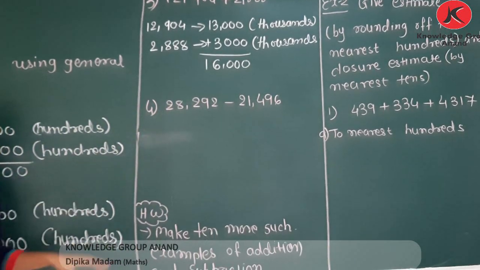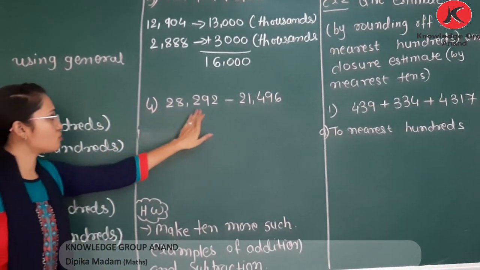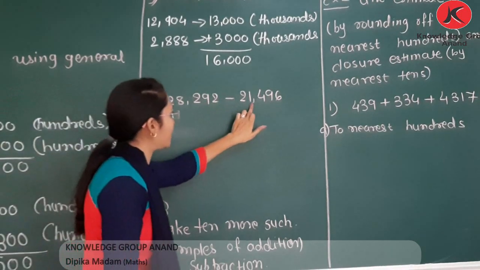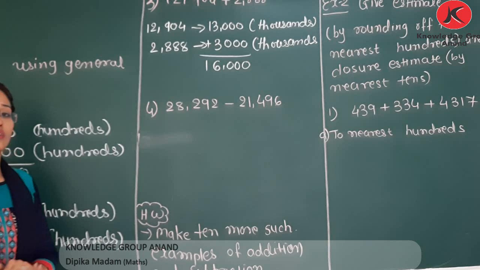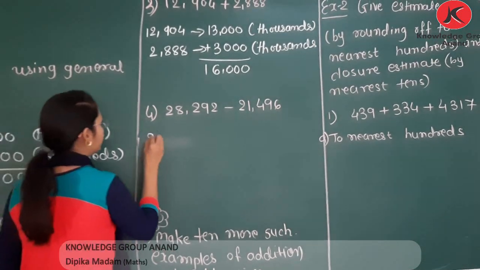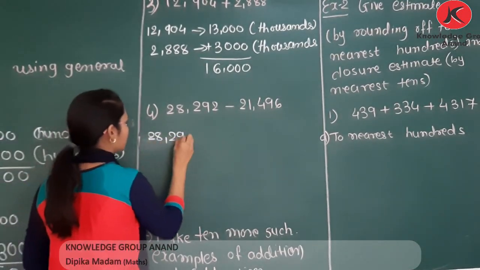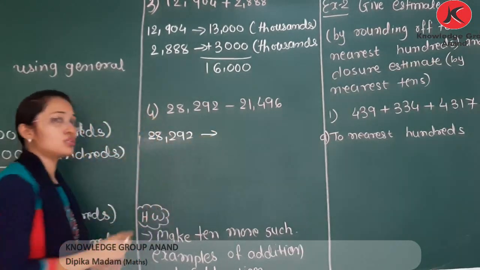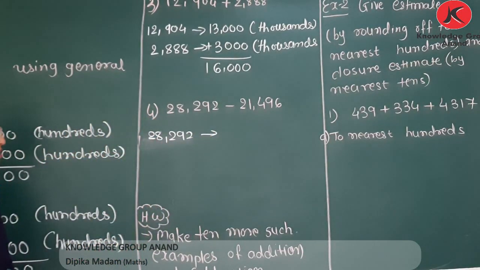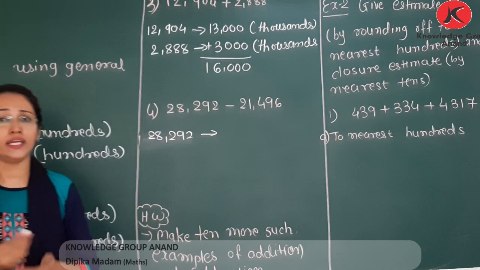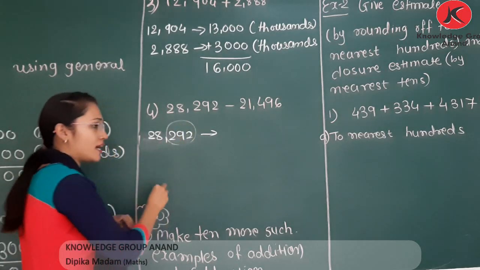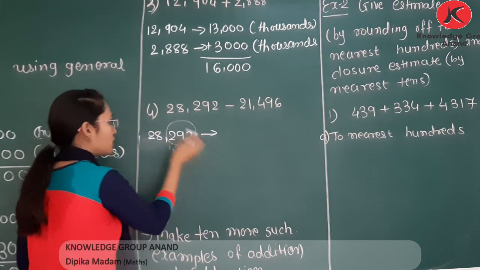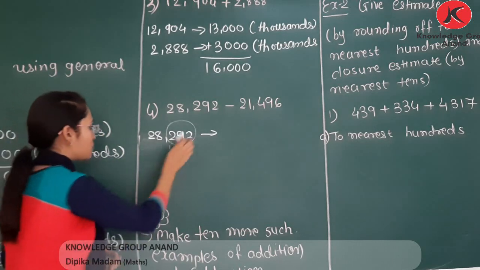Okay. Fourth one, 28,292 minus 21,496. Again I perform 1000 estimation here. Between which two thousand values does this number fall? 28,000 and 29,000. What is the nearest value? 28,000. This is less than 499, so it is nearer to 28,000.